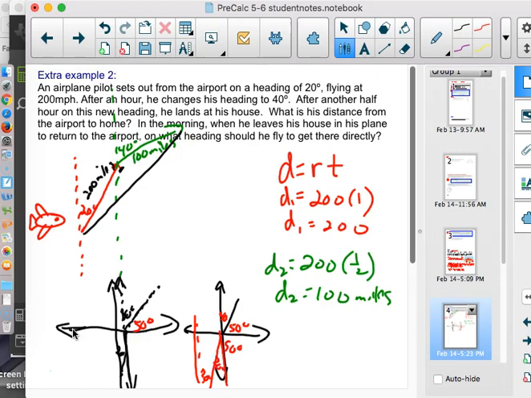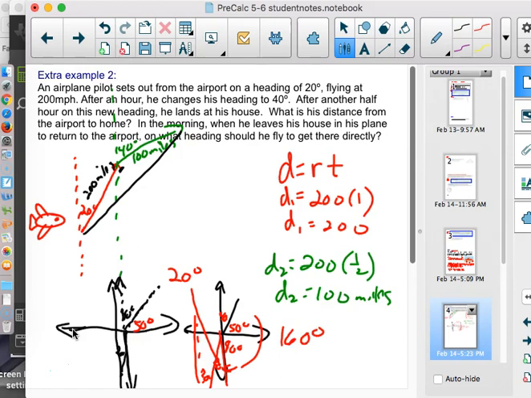So that has to be another 20. And that's really tough to see. I'm going to go ahead and put an arrow right here so you can see that 20 degrees. What I really need to do is add up my 90 and my 50 and 20 more. So 90 plus 50 degrees would be 140, plus another 20 degrees is 160 degrees.